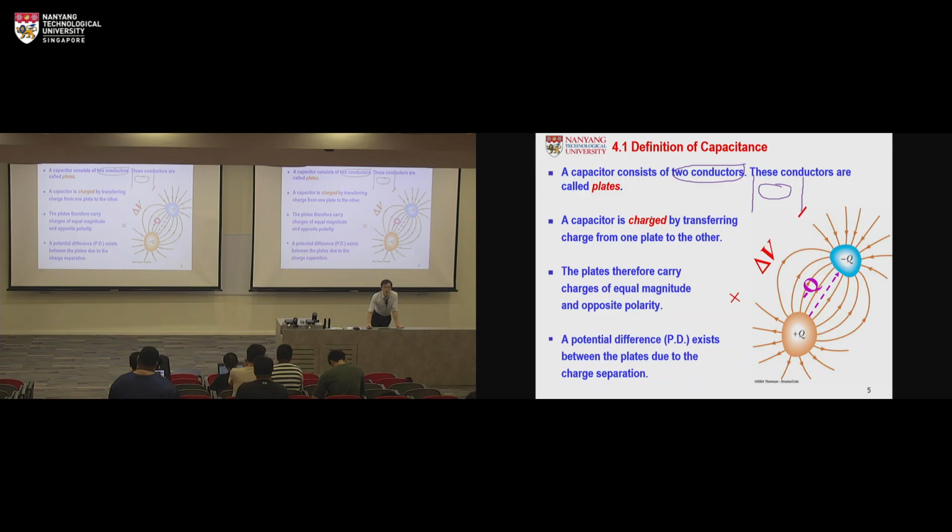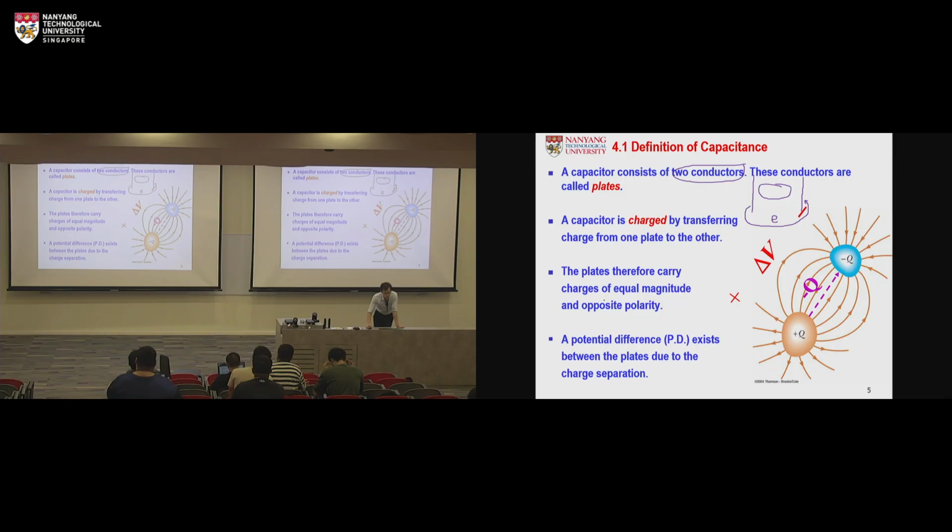And for the charging process, or how we can store charge inside the capacitor, actually the key process is just charge transfer from one plate to another. When you have this kind of charge movement, then it's the so-called charging process.